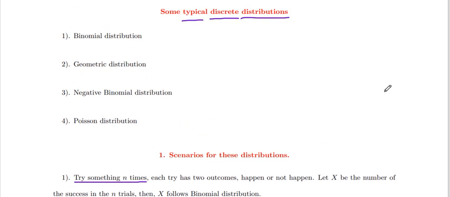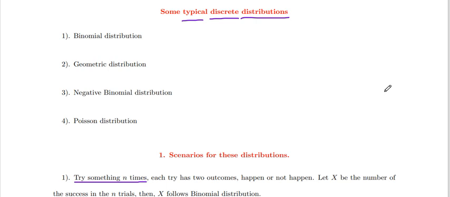So what is the geometric distribution? The geometric distribution is just like you keep trying until you get it, until success. Like you shoot at a target.